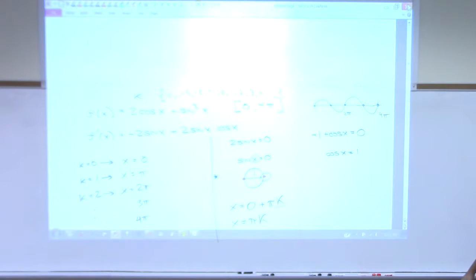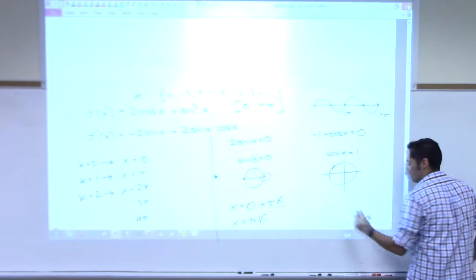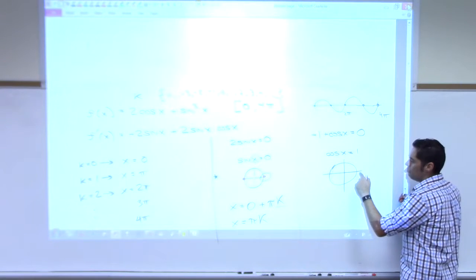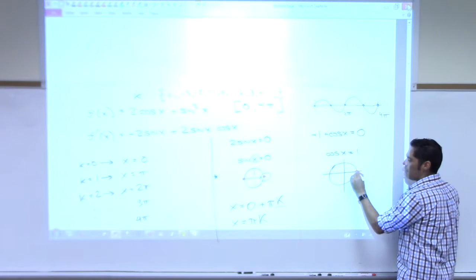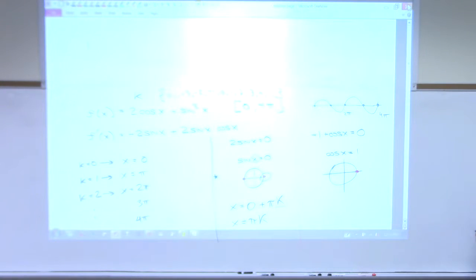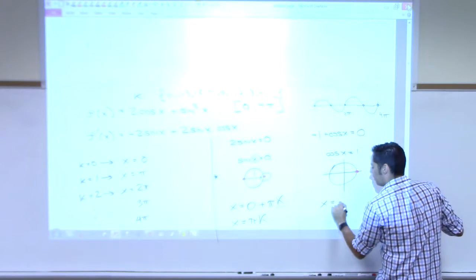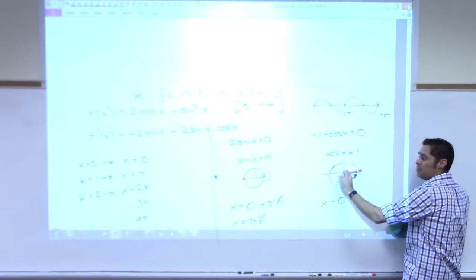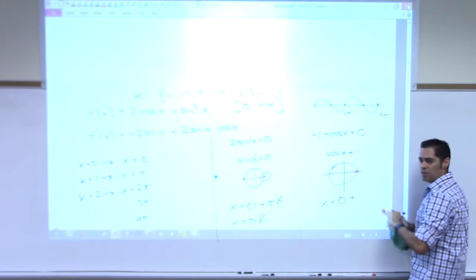All right, let's come over here. Cosine of x equals 1. Unit circle again. Cosine is which coordinate? It's the x coordinate. Where's the x coordinate 1? Just here, right? Just there. So you write x is equal to 0 plus, now to get from here back to here, you can't do half rotations. You have to do full rotations. Full rotation is 2 pi.